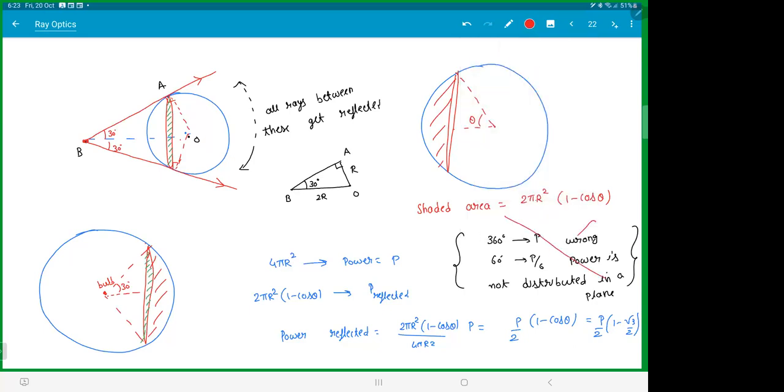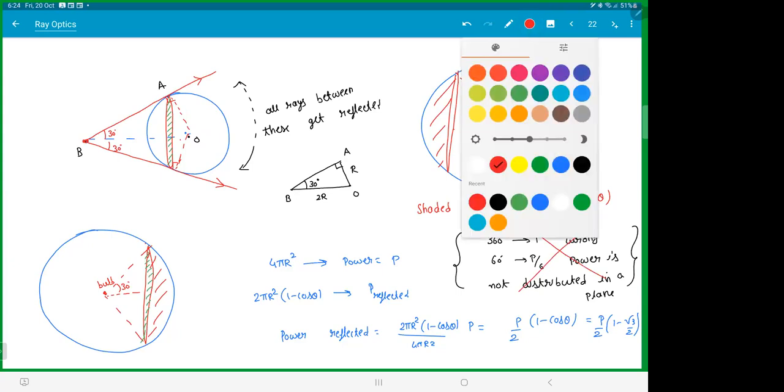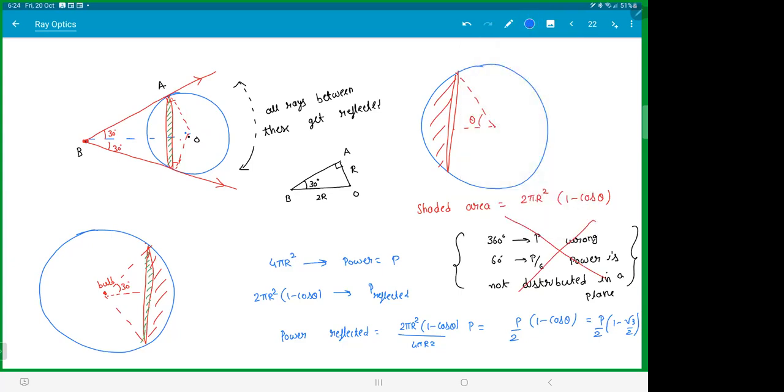Keep that in mind. It's a good one. Like I said, it's more of a calculus problem. We are just using reflection to get the angle. Check it out.